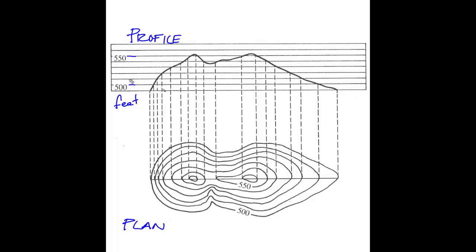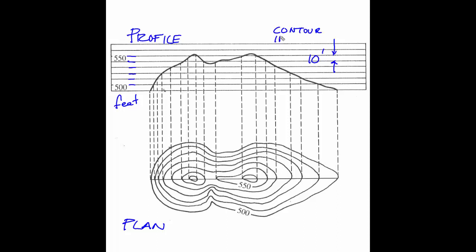So this would be 510 feet, 520, 530, 540, and 550 feet. So we say that the vertical distance between any pair of these elevation planes is 10 feet. That is our contour interval.